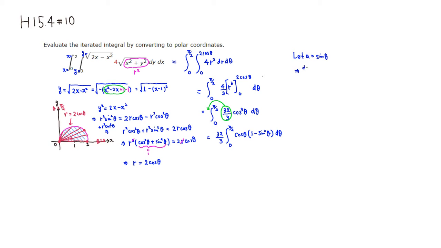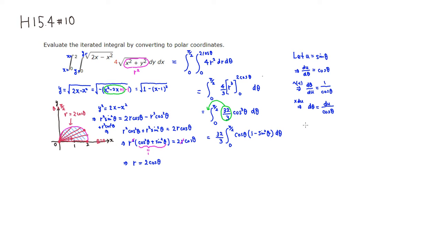Then if you take the derivative of u with respect to theta, we get cosine of theta. If you take the reciprocal, you get d theta over du is equal to 1 over cosine of theta. Then I'm going to multiply through by du, so that d theta is equal to du over cosine of theta, right?